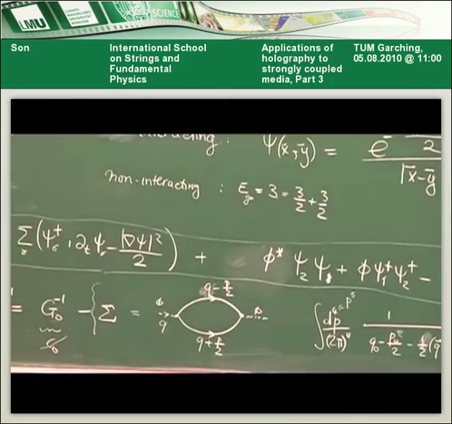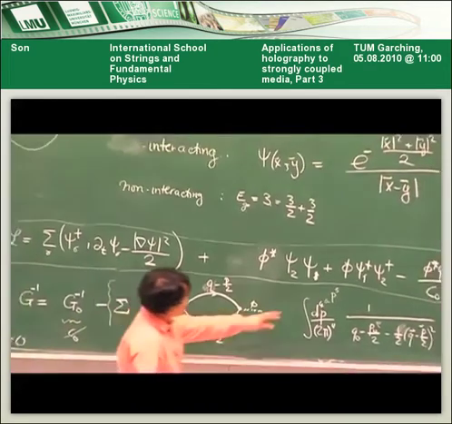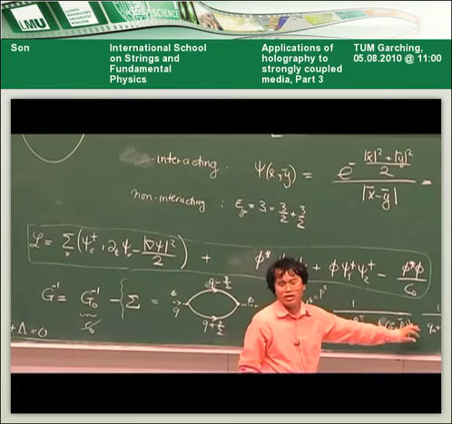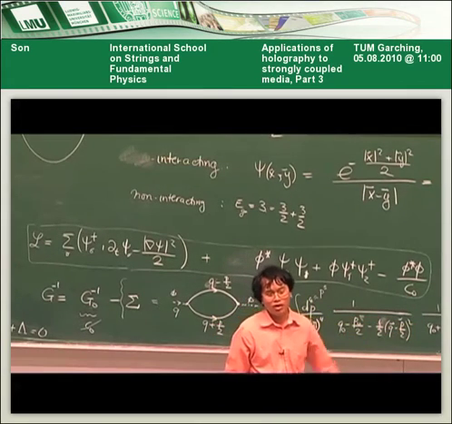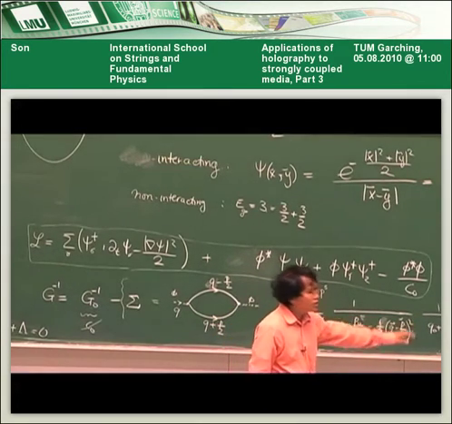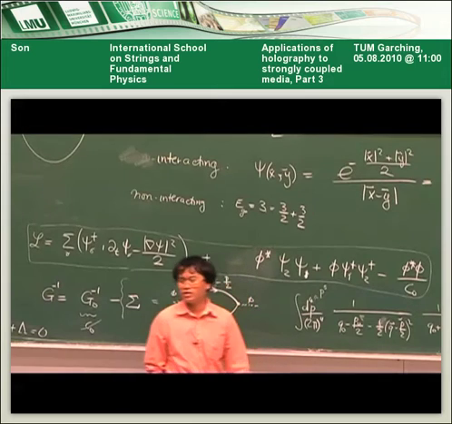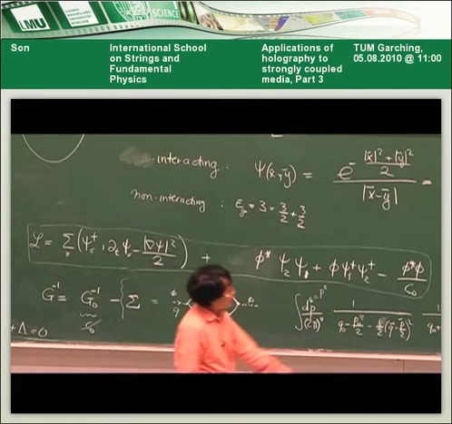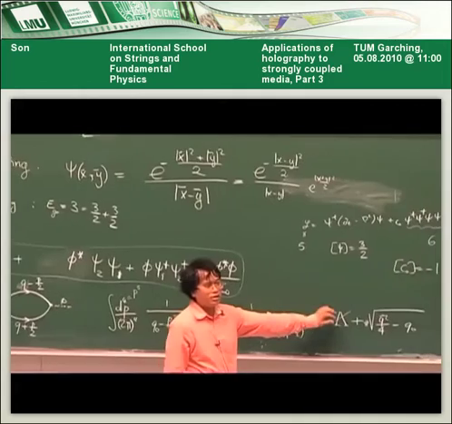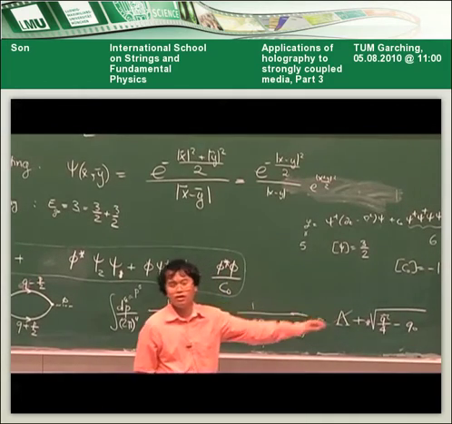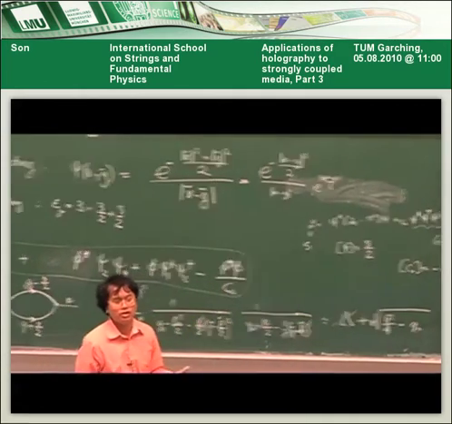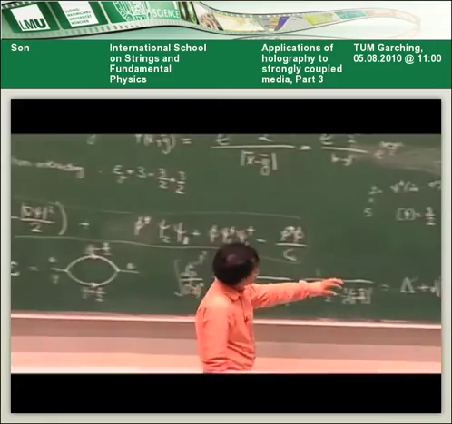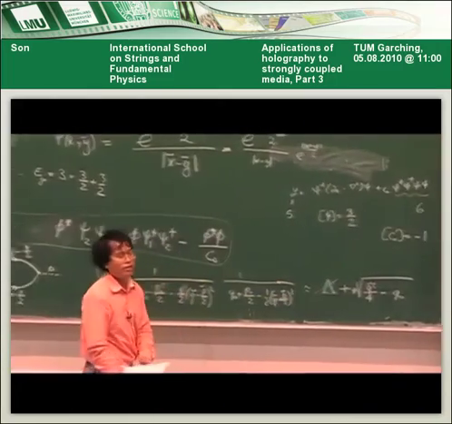Okay, C naught has to be proportional to the cutoff. That is because if we compute this integral not with the momentum cutoff, but using dimensional regularization, for example, then the linear divergence doesn't appear at all. It's a property of dimensional regularization that anything that is linearly divergent is set to 0.